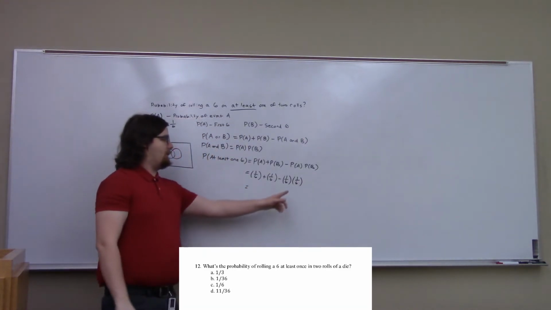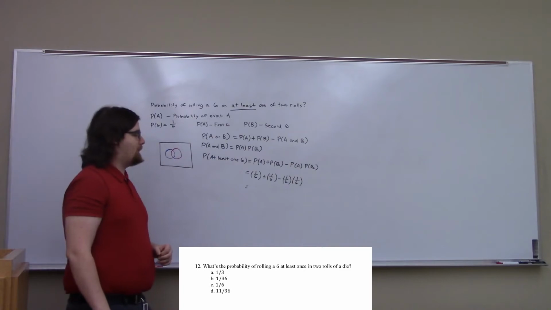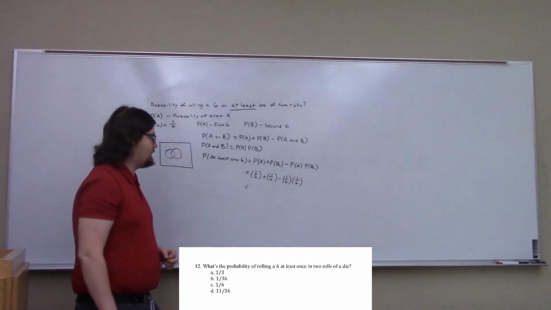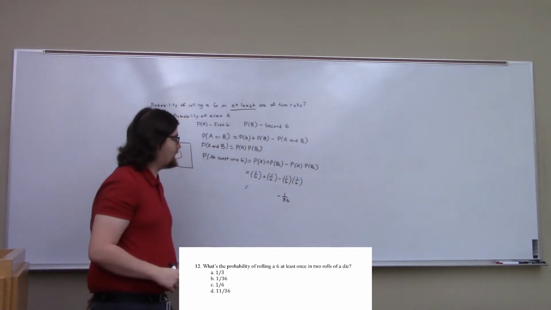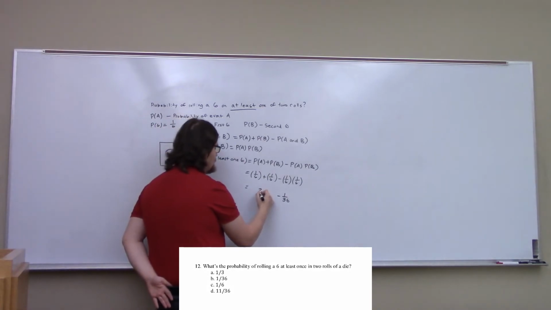If we start from the right side, 1 over 6 times 1 over 6 is going to be 1 over 36. So we get negative 1 over 36. Then we have 1 over 6 plus 1 over 6, which is 2 over 6.